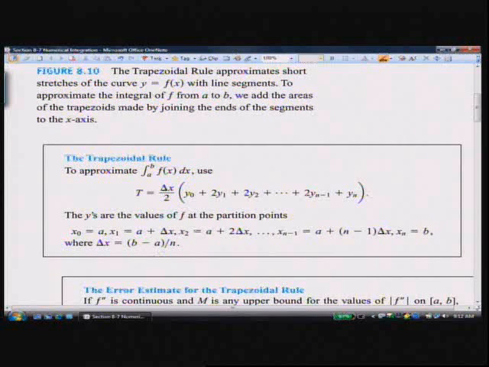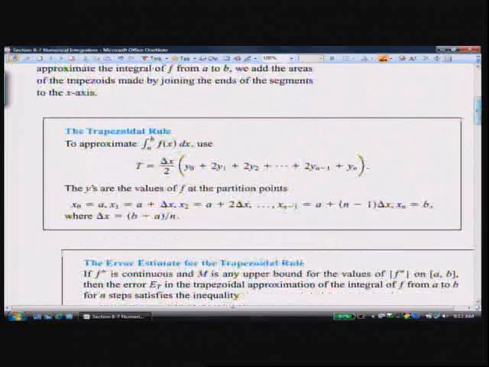So that's your n. So you can get delta x by doing b minus a divided by n. And then x2 would just be your a plus 2 delta x's and so on. And so x sub n minus 1 would be a plus n minus 1 delta x's. And then finally the last x sub n would be just your b.